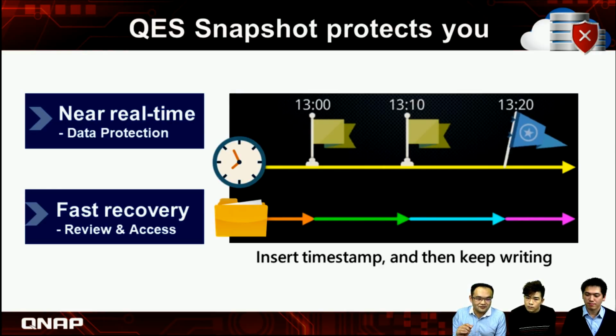For recovery, it also lets you review or access the data in each snapshot directory, and even if you want to restore the whole share folder or LUN, it can be completed very quickly. We just look for the timestamp that we want to recover, choose that snapshot, and you will just recover. Yes. Okay, it's really fast.